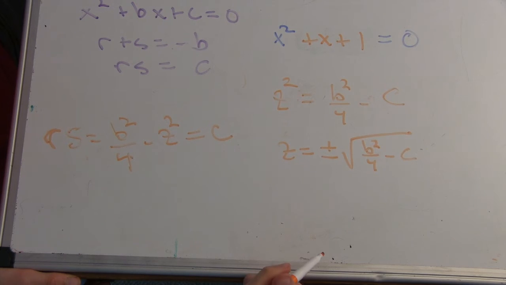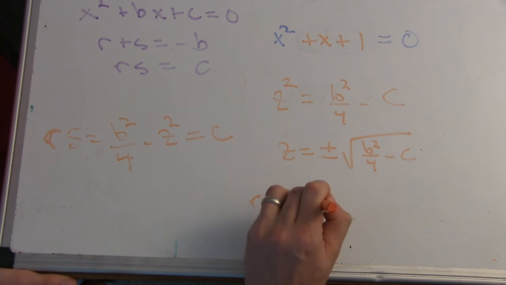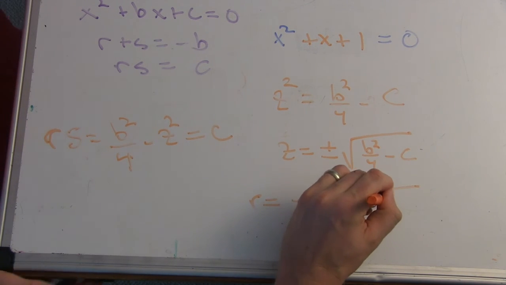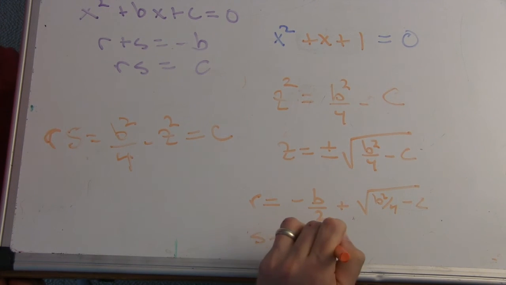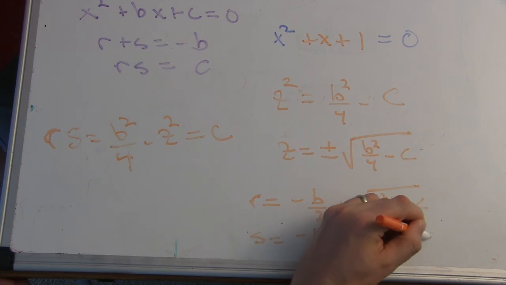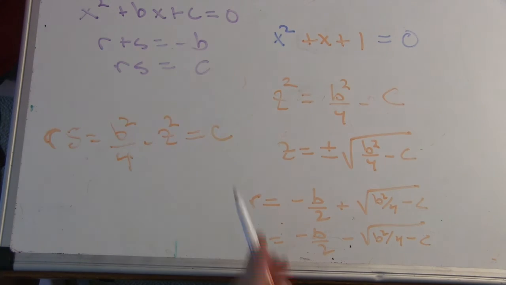And remember r was negative b over 2 plus z. So we'll say plus the square root of b squared over 4 minus c. And s was negative b over 2 minus the square root of b squared over 4 minus c. And now we actually have an expression for r and s just in terms of the constants.